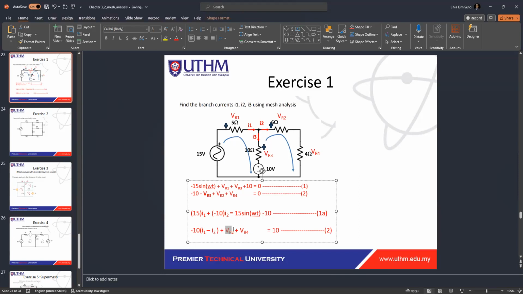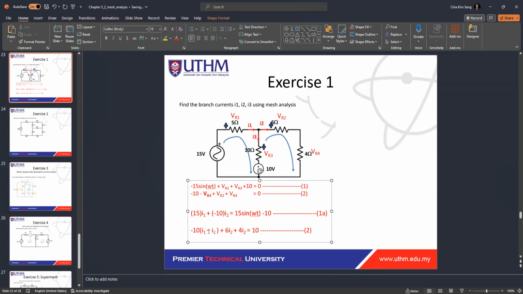And next is this VR2, VR3 here. So VR3 equal to what? I2 multiplied by the resistor 6 ohm. Okay, so this one is settled, and then R4 will be more straightforward. It equals I2 as well, and then the resistor is 4. So we have this equation.